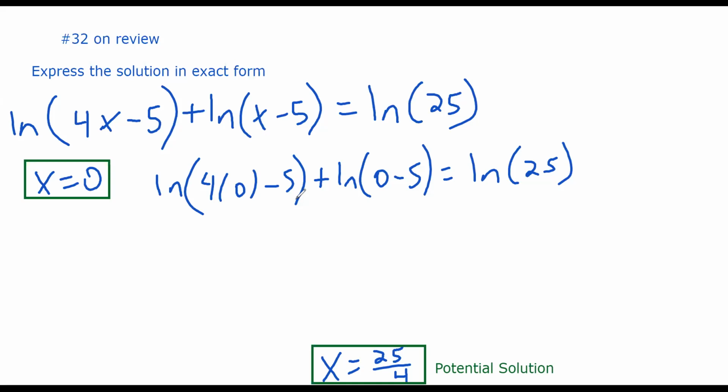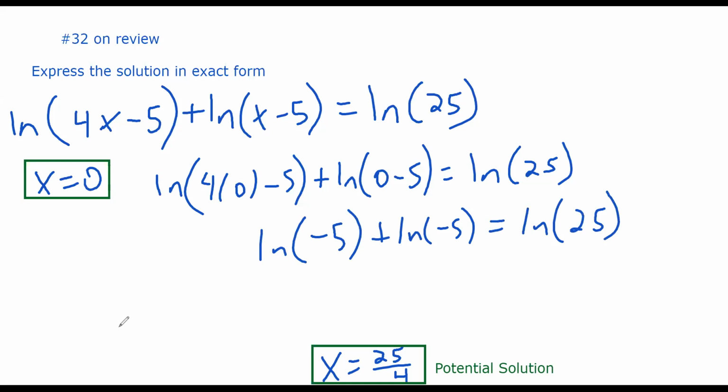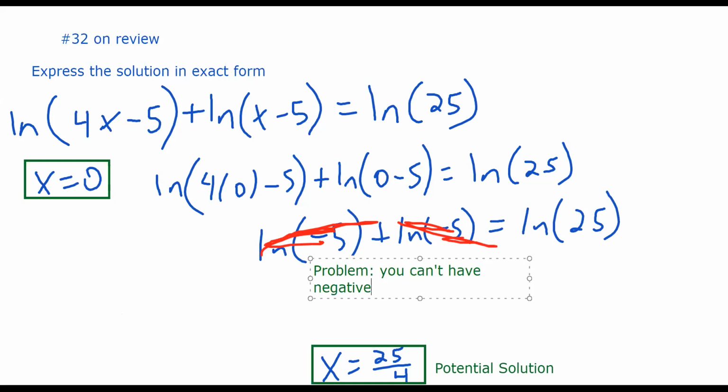When I plug a 0 in for x, I'm going to end up with some negative arguments inside my logarithms. Uh-oh, no. Problem, you can't have negative values inside the logarithms.